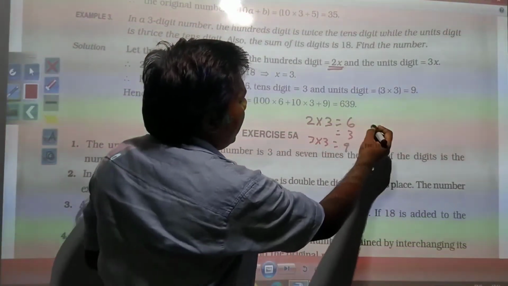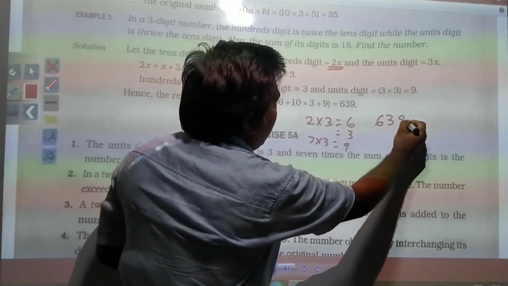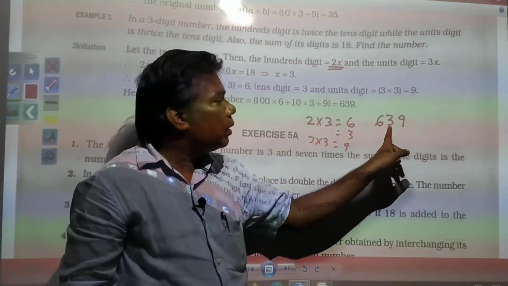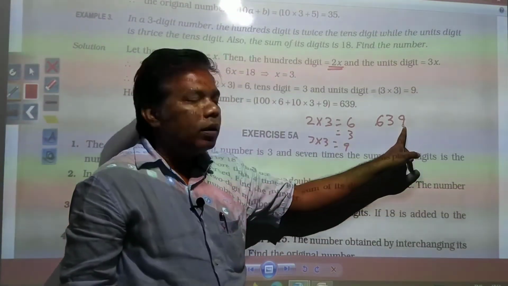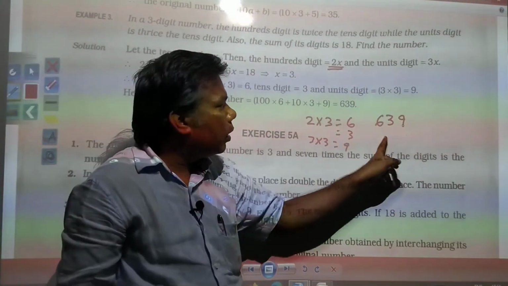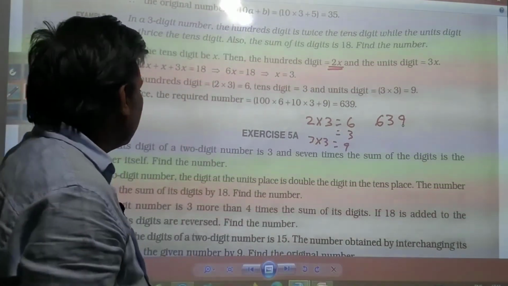So what number will you get? 6, 3, 9. 6 is in the hundreds place, 3 is in the tens place, and 9 is in the units place. So you have got the number 639.